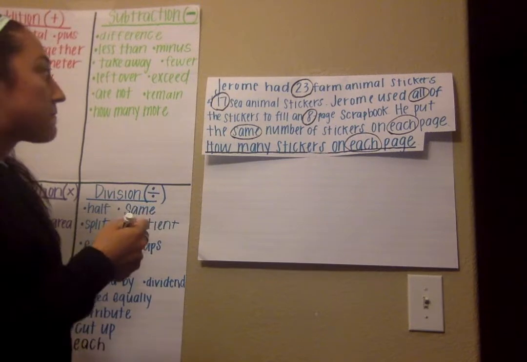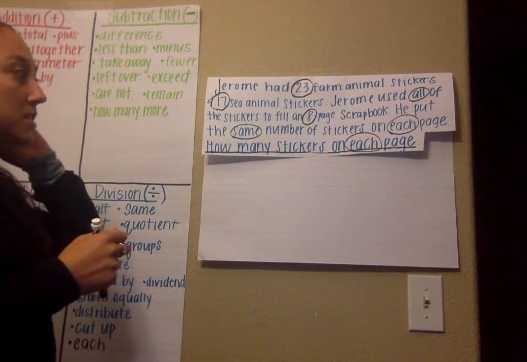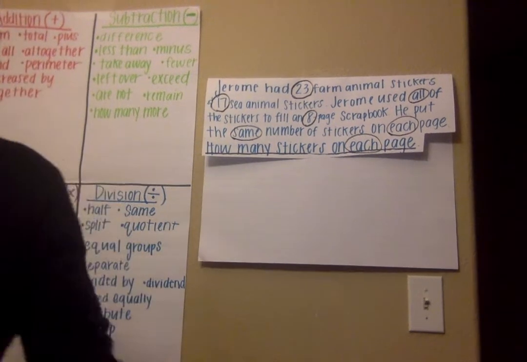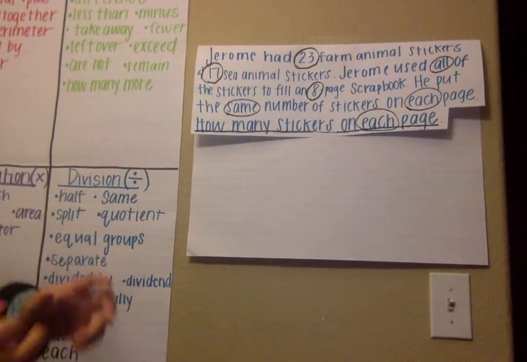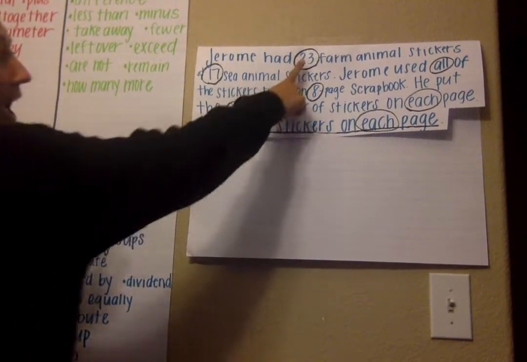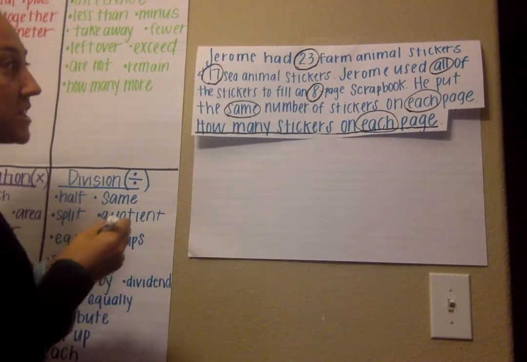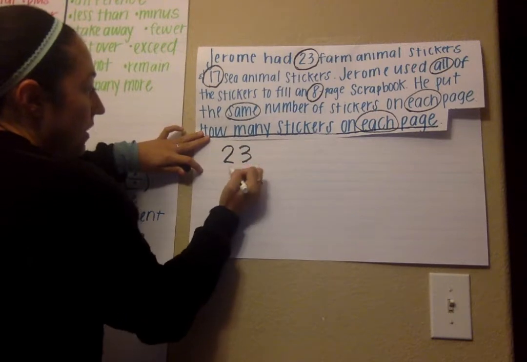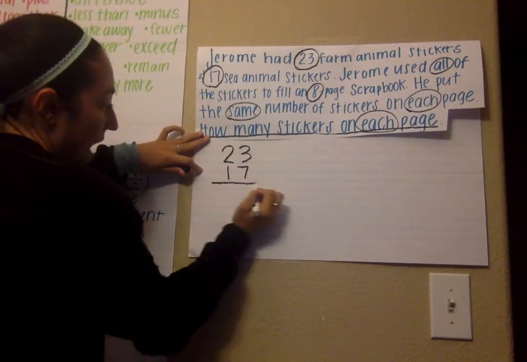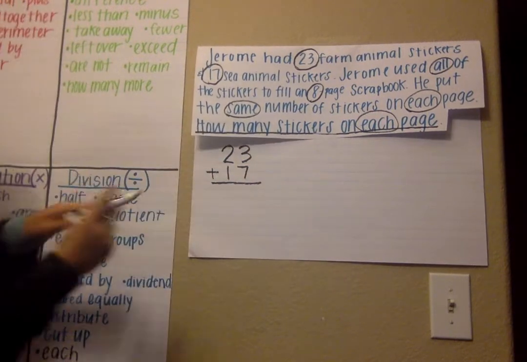The first step that we need to do, this is a multiple step problem, is add 23 and 17 together to find out the total number of stickers Jerome has. Okay?